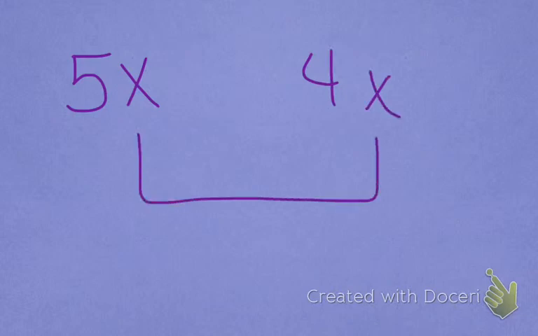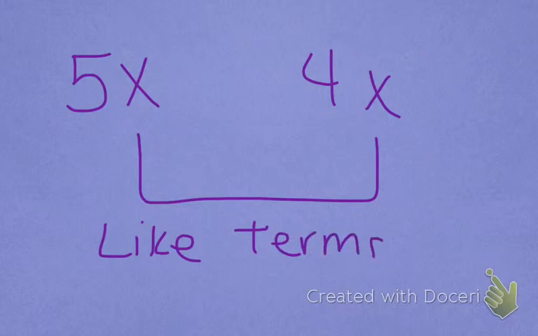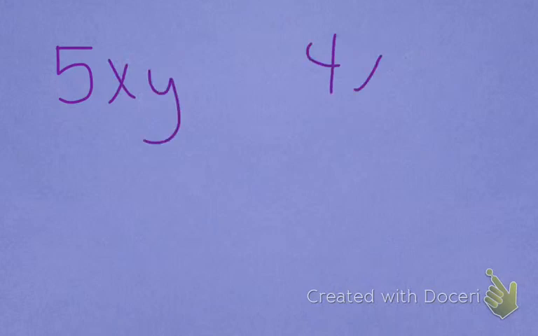So if I had 5x and 4x, they have the same variables, so they're like terms. But if I had 5xy and 4xy, they both have x's, they both have y's, they're in different orders, they're still like terms.